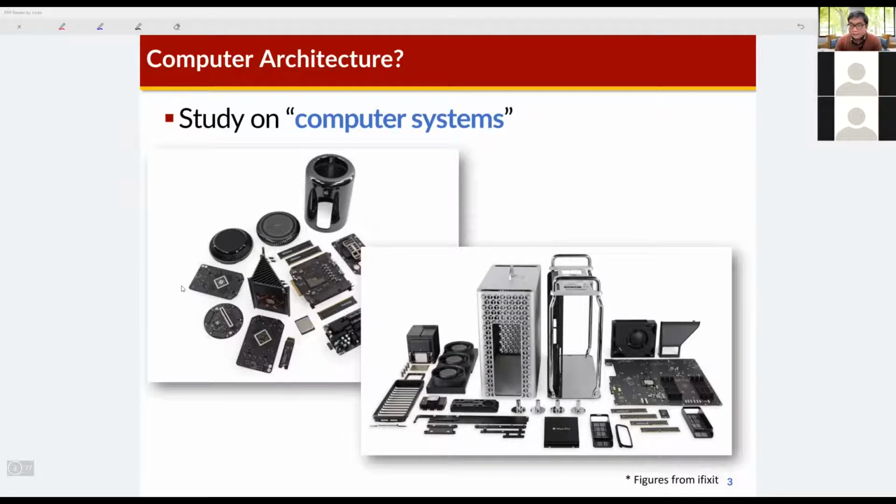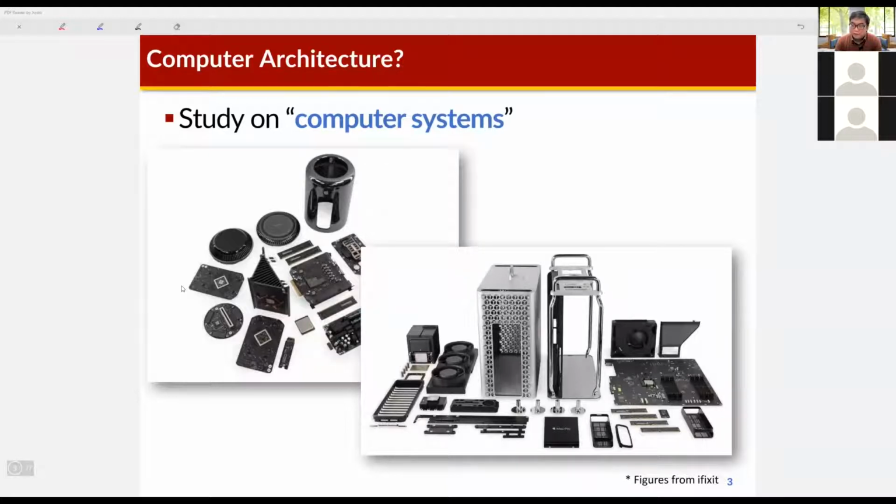But that means this course is very important. Also, as a computer engineering or science student, you need to know about computer systems, because computer engineering is not just learning about programming or coding.